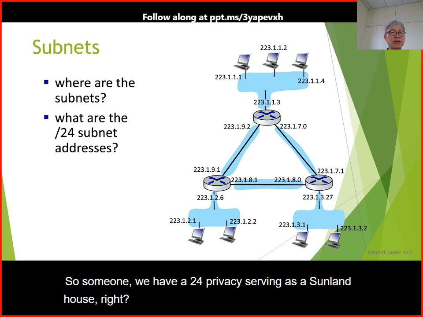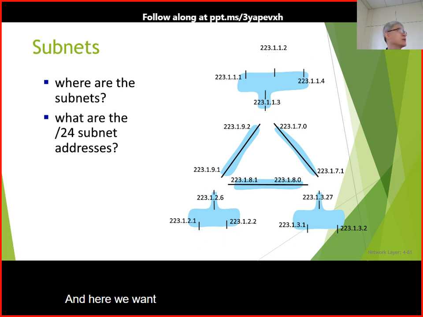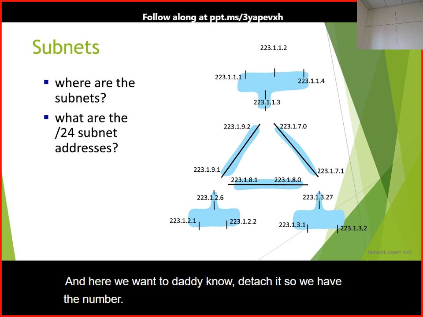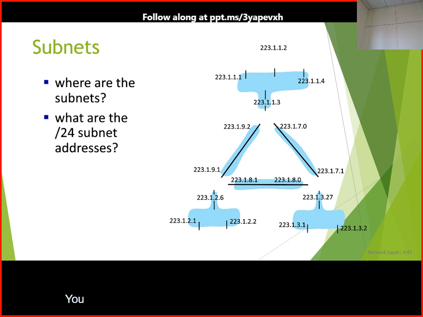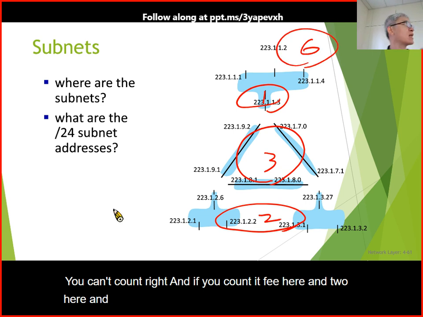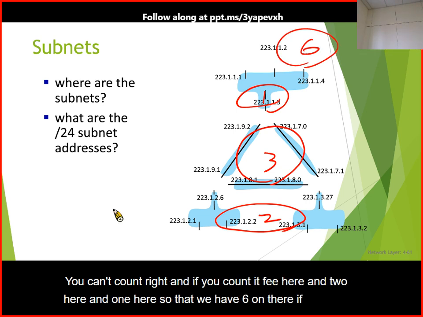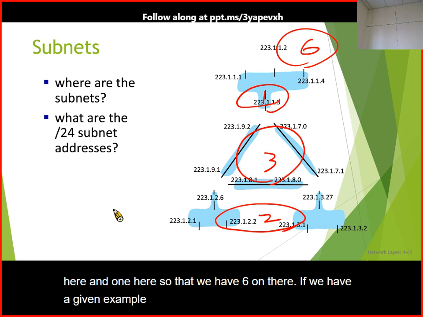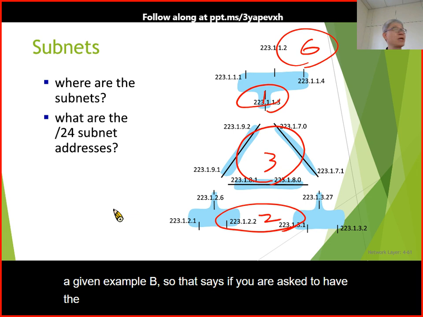And here we want to let you know, detach it. So we have the number of subnets you can count, right? And if you count, 3 here, and 2 here, and 1 here, so we have 6 subnets in the given example here. So if you are asked how to count, this is a way.